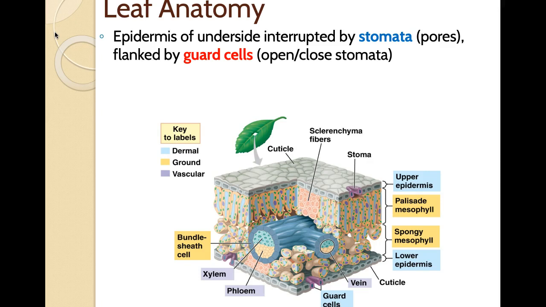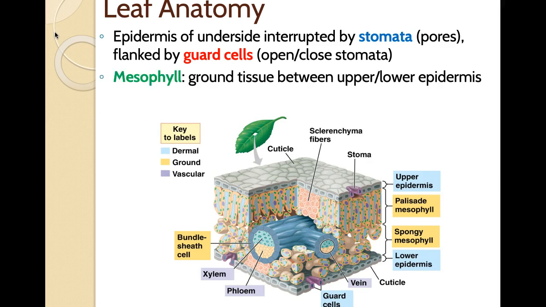These are the pores, and they are flanked by guard cells that help the stomata open and close as needed, whether for reducing water loss or taking in carbon dioxide. In the leaf, there's also a tissue known as mesophyll, a type of ground tissue located between the upper and lower epidermis.